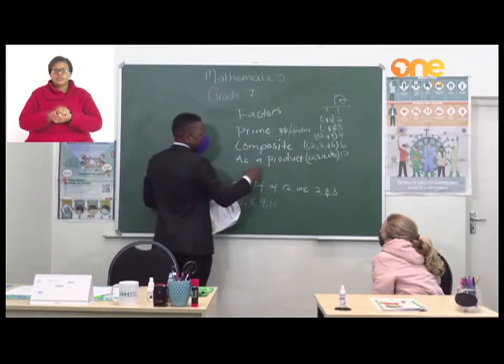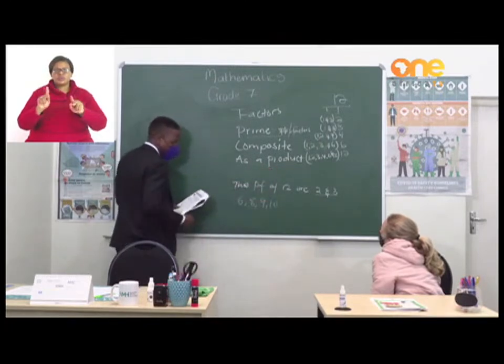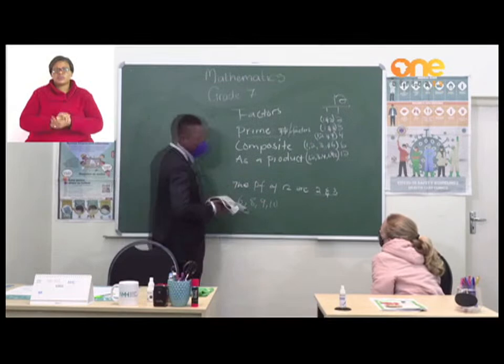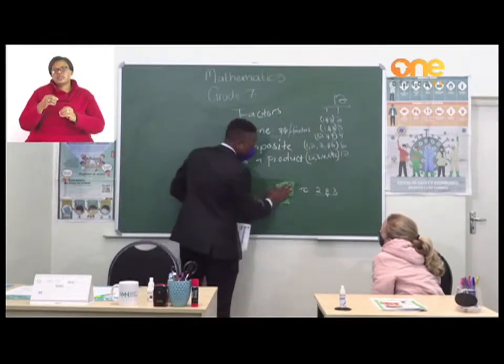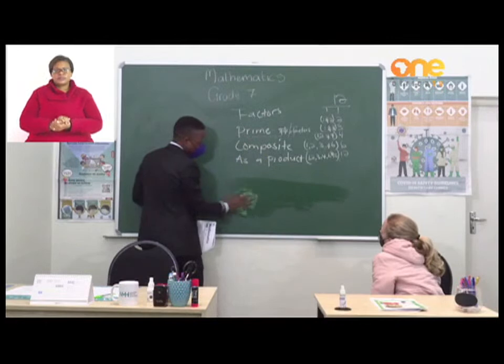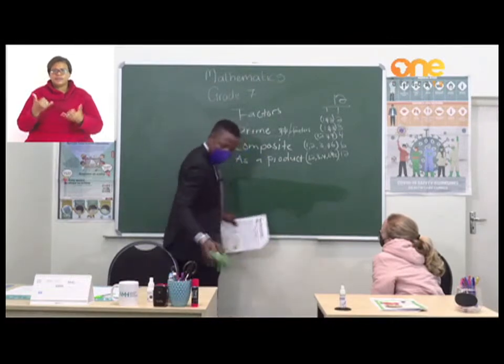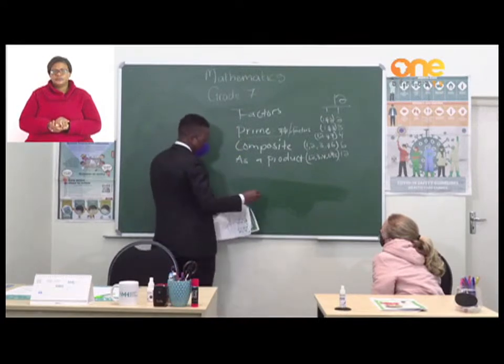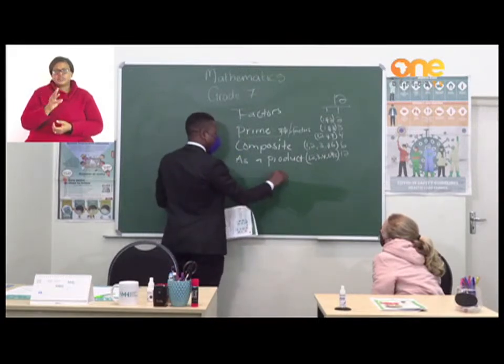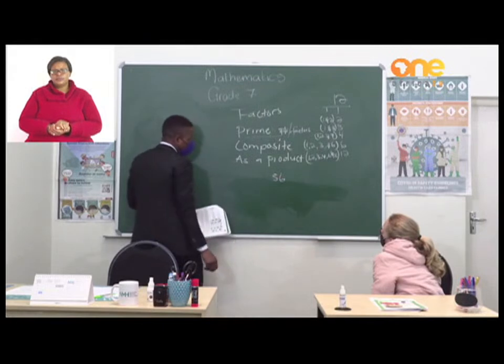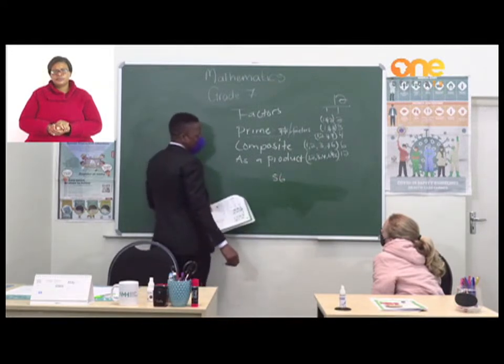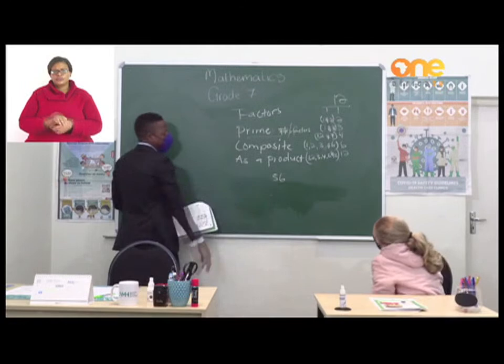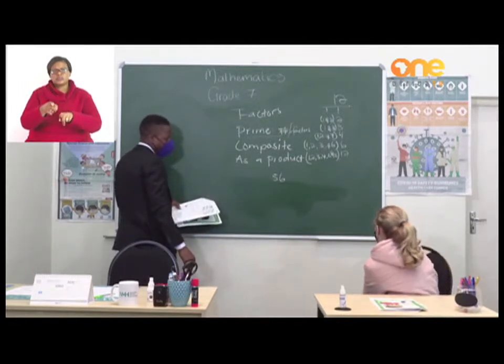The last one is to write a number as a product of its prime factors. In our booklet, we are given 56, and we must write 56 as a product of its prime factors.